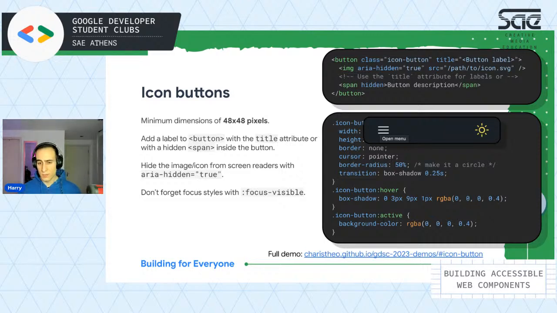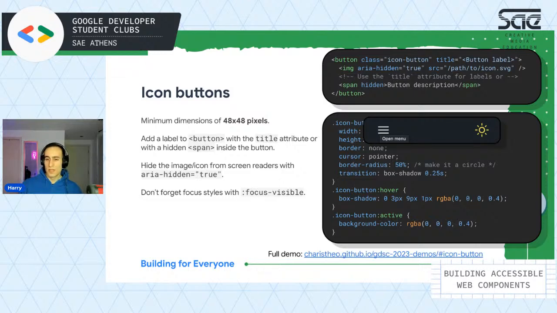You're holding the device with just one hand and trying to navigate. So this is very important to keep in mind, and not just for icon buttons. It can be any type of interactive element, and it should have at least these minimum dimensions.